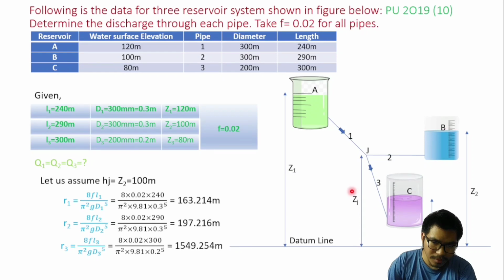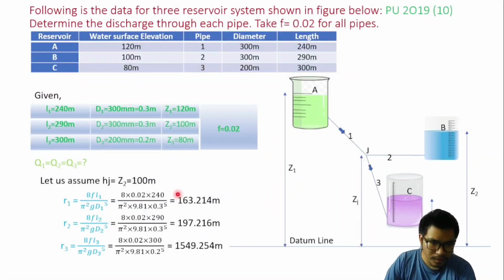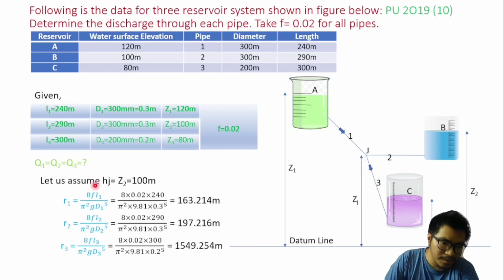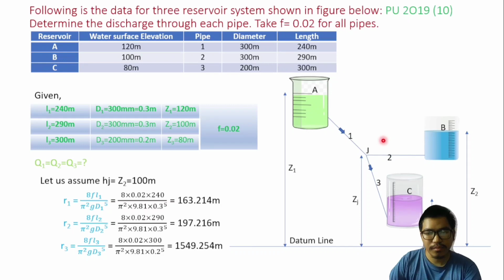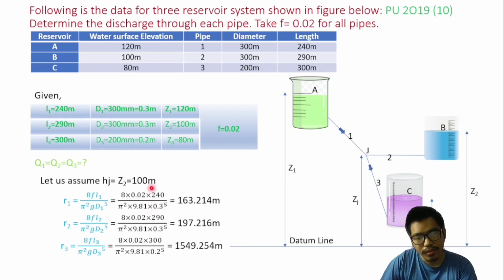The datum head of junction J is ZJ. Here let us assume HJ is the total head at J, so we assume it as 100 meter.